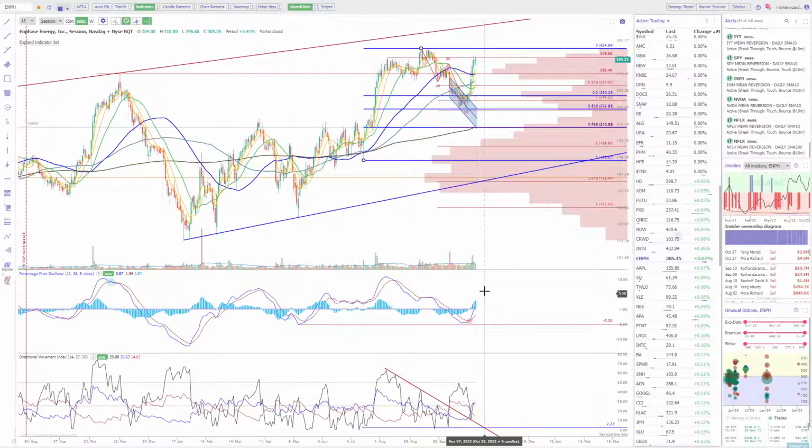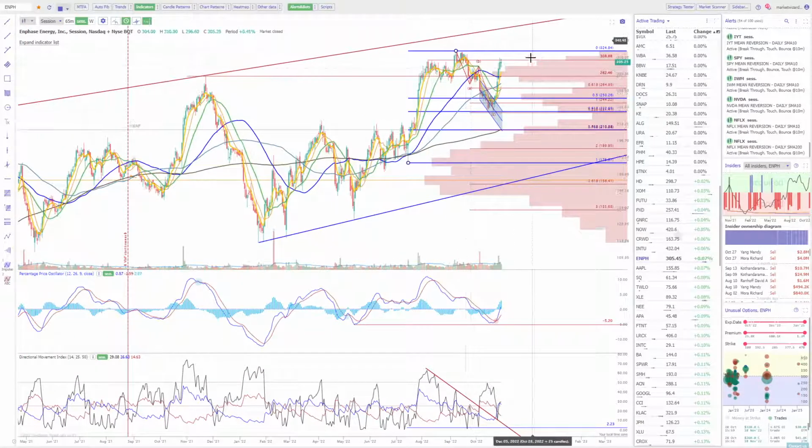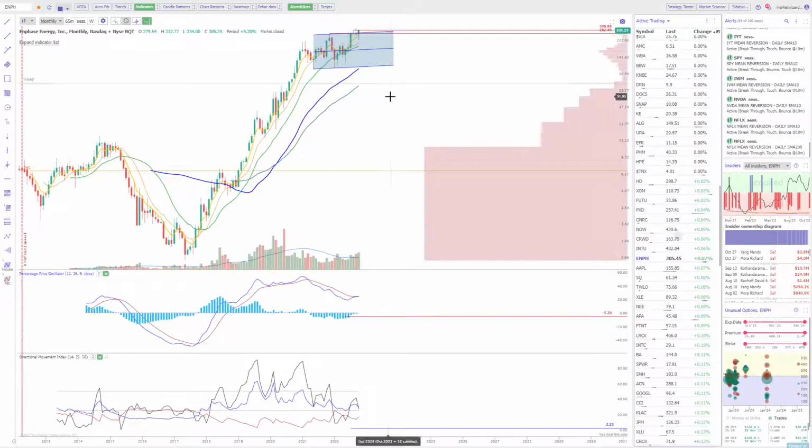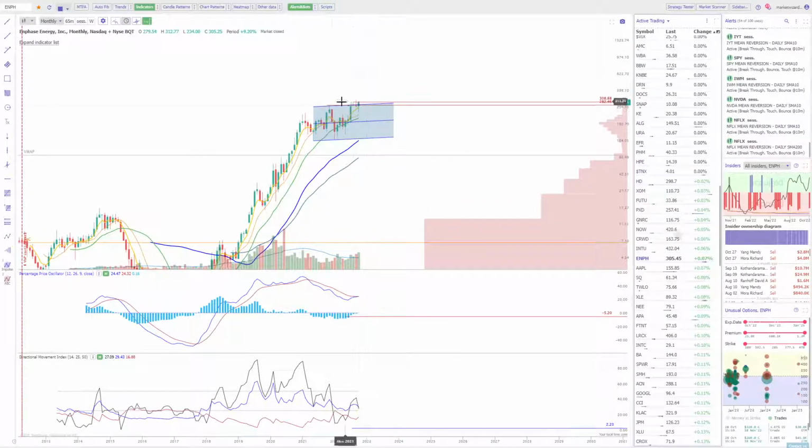We'll say that momentum's screaming higher, and this could be a lower high. This could be a higher high. We'll have to wait and see. And the target that I have on this continues to be this line.